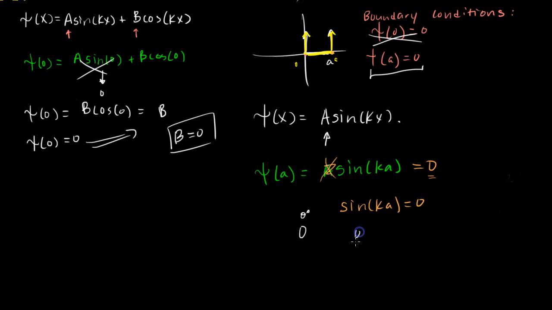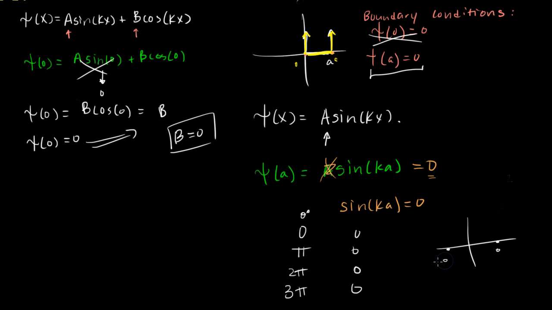Sine of 0 gave you 0. What else gave you 0? Not 90, that gave you 1. Sine of pi gave you 0. Sine of 2 pi gave you 0. Sine of 3 pi gave you 0. So if we have an axis, everywhere on the x axis is always 0.